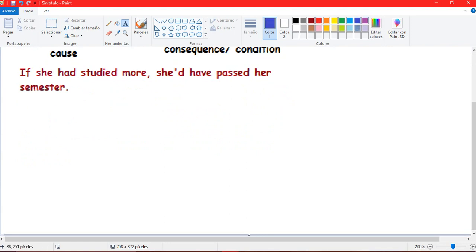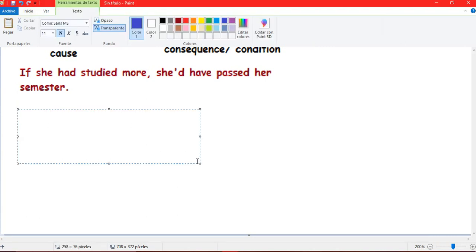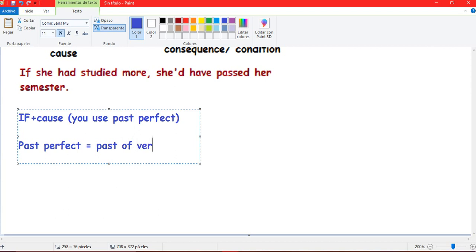Well, the first thing we need to identify about this. Let's use a different color here. You use if plus the cause. Always you introduce the cause with if. Second, in the cause you use the past perfect. Remember, what is the structure of the past perfect? In the past perfect we use the past of the verb to have.